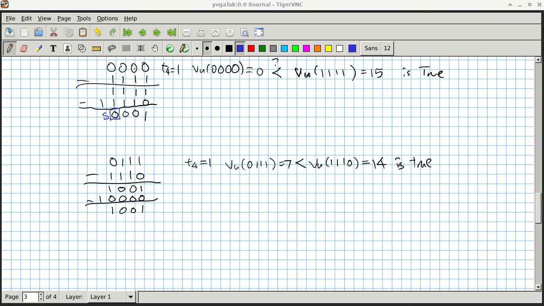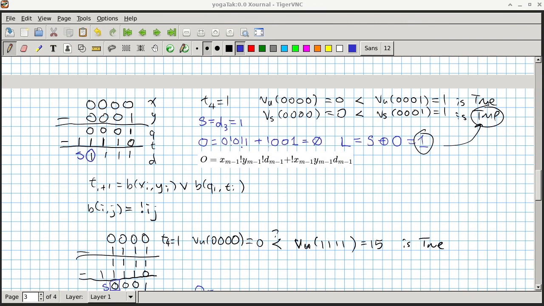But in order to know the L flag, we also need to know the O flag, right? So what is the O flag? I'm just going to use a really quick, oh, this is the wrong place to do it because I need that space to do something else. So I'm going to put it down here. So O is, in this case, just want to use the same notation that we used earlier. So let me scroll up, find out how we use that.